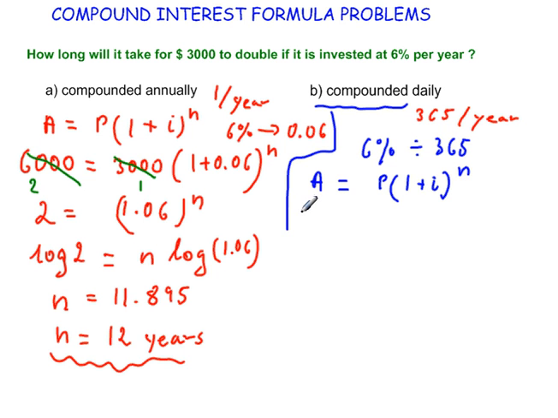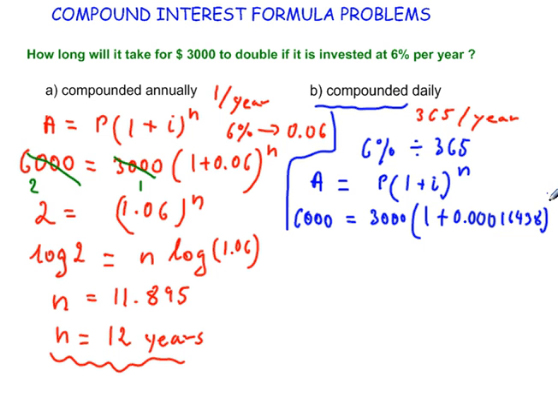So the left hand side will be 6,000 because we need to double the amount. So 3,000 is the value of the principal, 1 plus. So when you divide 6% by 365, you will get a very small decimal number. So 3 zeros and then 16438.